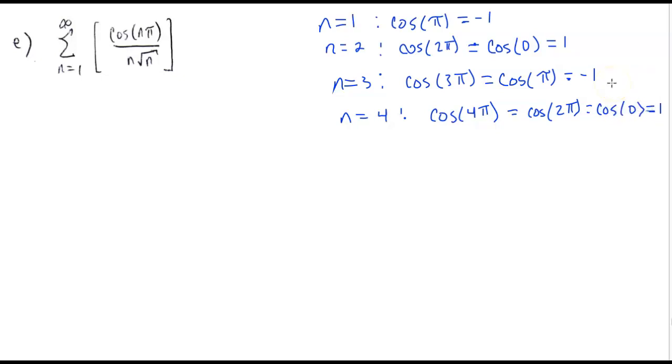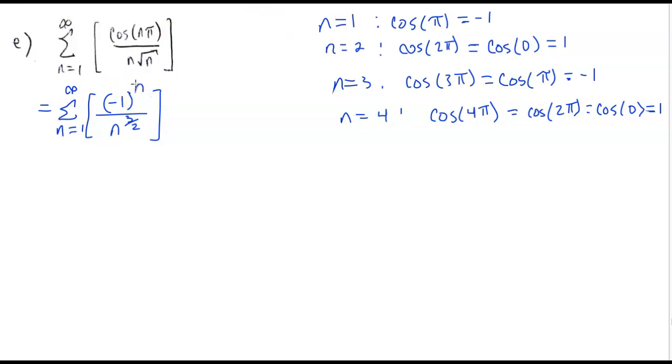So cosine of n pi is another way of saying we have -1 raised to the n. So here we could rewrite this as -1 raised to the n, all over n times square root of n, which is n raised to the 3 over 2. That's another way of expressing the sequence in the series that we're dealing with.